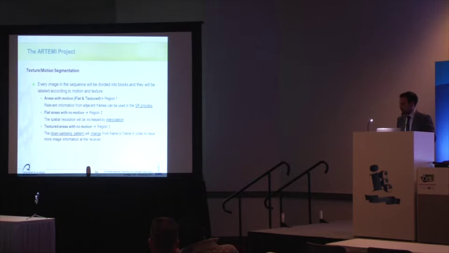As I said before, we have three different regions. In region 1, we have motion. If we have motion, what we are going to do is just apply the SuperResolution process as it is usually applied. Okay? If we have a flat region, the SuperResolution is not going to improve anything, so we will just interpolate.